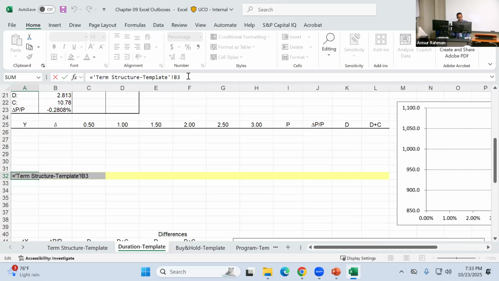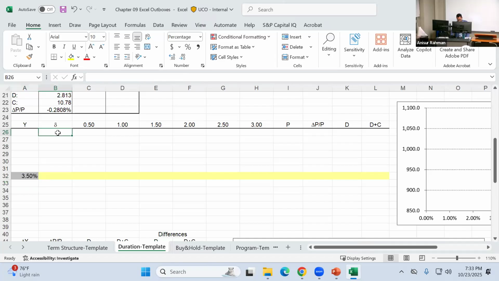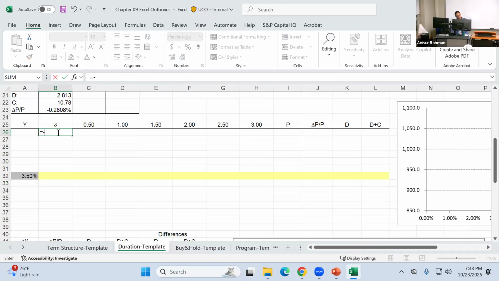Right? So this delta, let's say equal to minus, let's say this one.